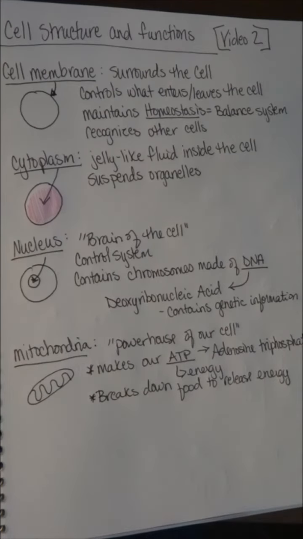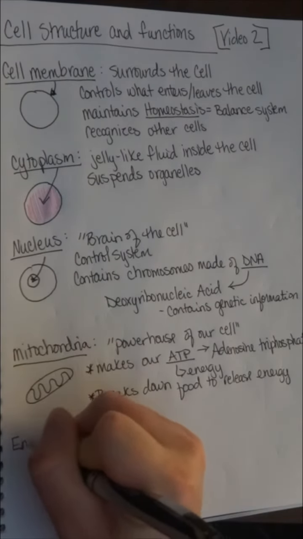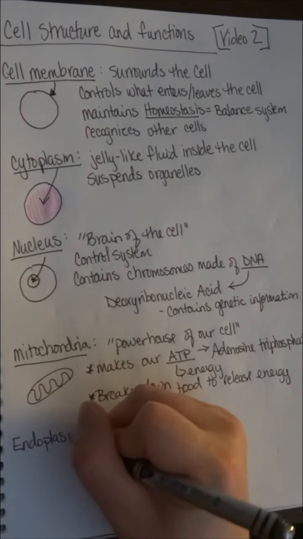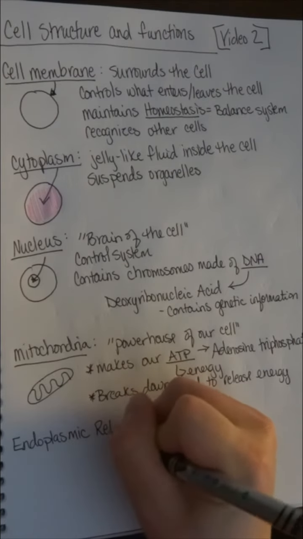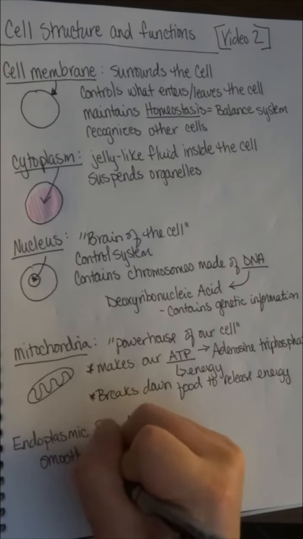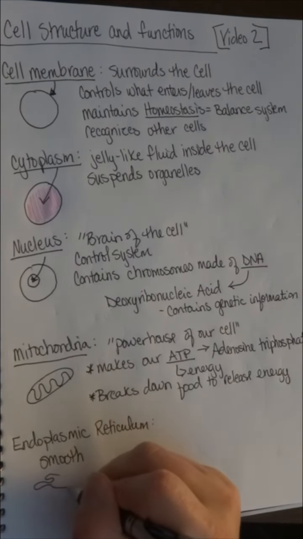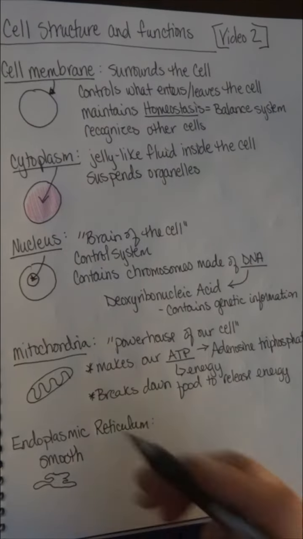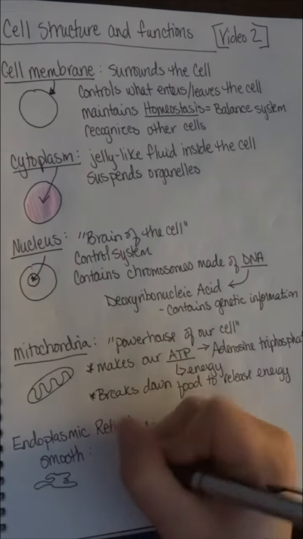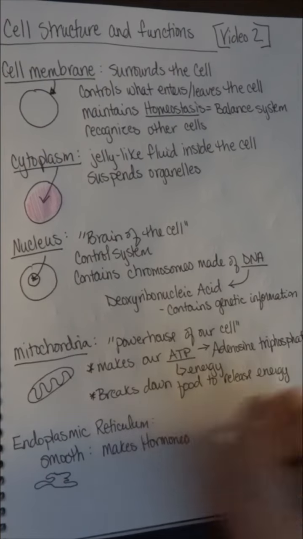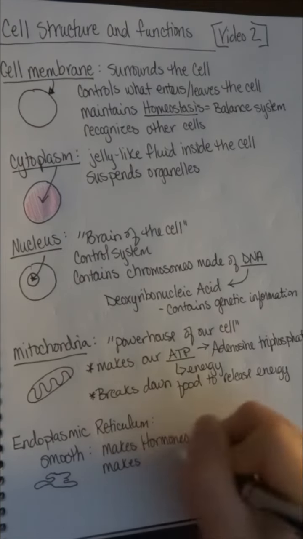Now, the next two organelles that we're going to be talking about are the endoplasmic reticulums. And there are two of them. We have the smooth, which is just simply smooth. There's nothing to it. And so what does it do? Well, if you remember from the last video, I said it makes important hormones. It also makes our fat, and our fat is called lipids.